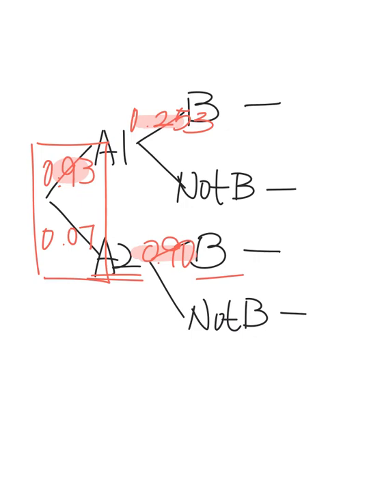Okay, now, can you tell me this one? 0.747. Say again? 0.747. I'm sorry. What did you say? 747.